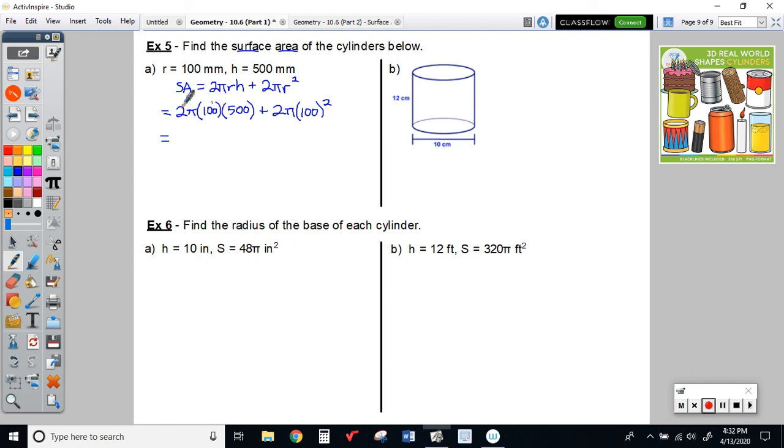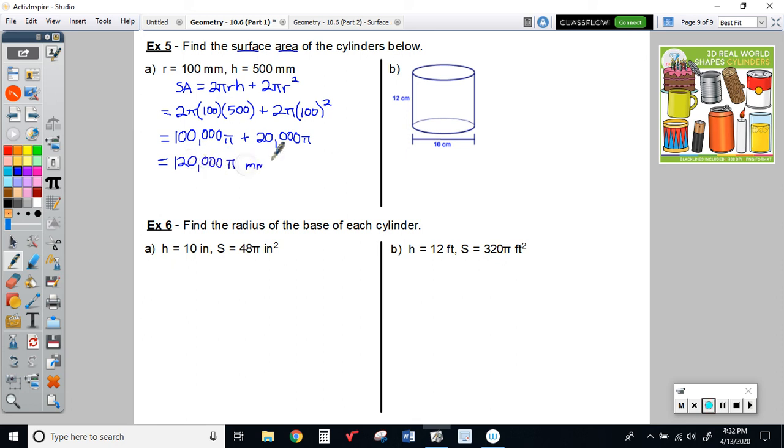This would be 50,000 times 2 for 100,000 pi for this part. And then 100 squared would be 10,000, and 2 times that would be 20,000. So I've got 20,000 pi for the two bases put together. So this is the lateral area part, this is the surface area part. Combined, that gives me 120,000 pi.